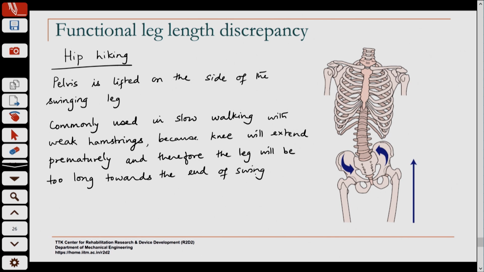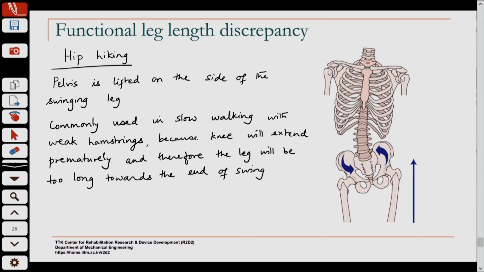It lengthens too quickly, because before you are ready for the next heel contact, the leg has lengthened too much because of the weak hamstrings, and therefore you have a problem. Typically this is not used for lengthening due to a plantar flexed ankle.